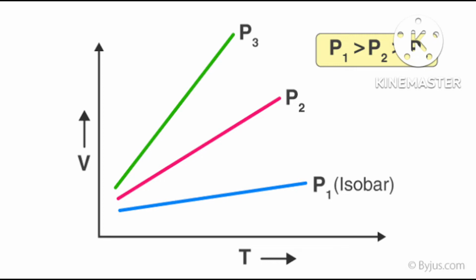Volume of a gas increases on increasing temperature. This is Charles' law. Volume of a gas increases on increasing temperature and decreases on cooling. It means when temperature decreases, volume decreases, and when temperature increases, volume increases.